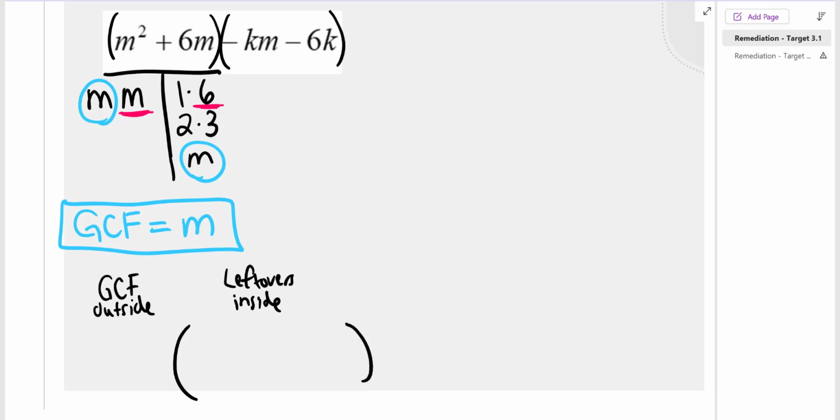So the GCF goes outside. Well, our GCF is M. Leftovers, I'm putting inside. So my leftovers is what's pink right here. So I have M. We're going to use the same sign, and then a 6 is left over. Okay?